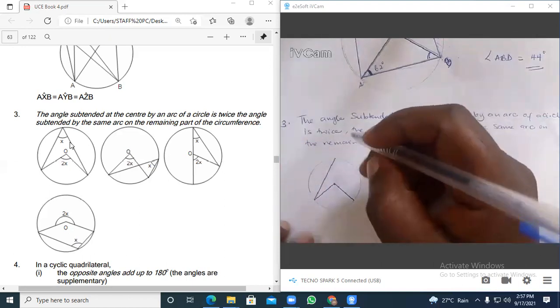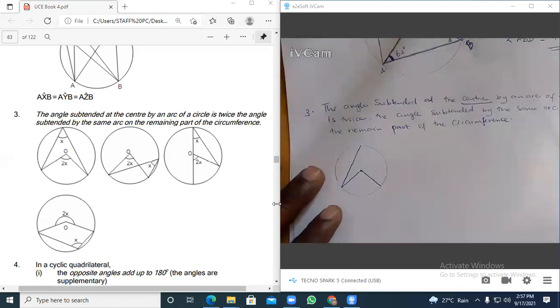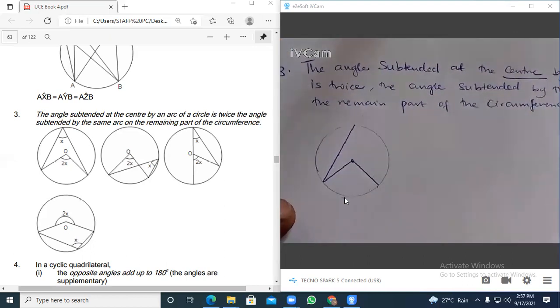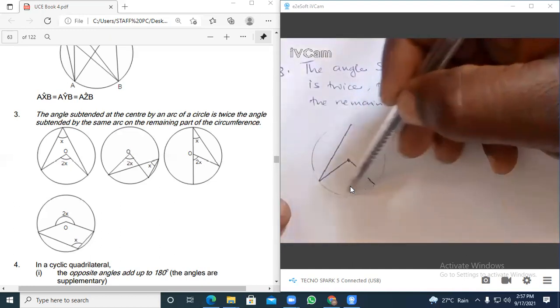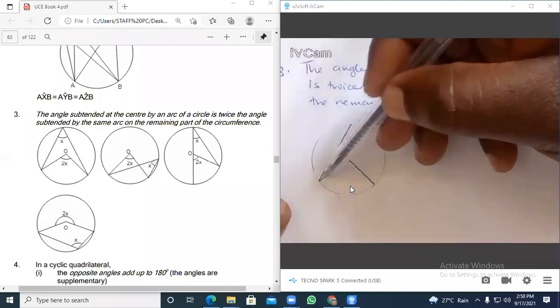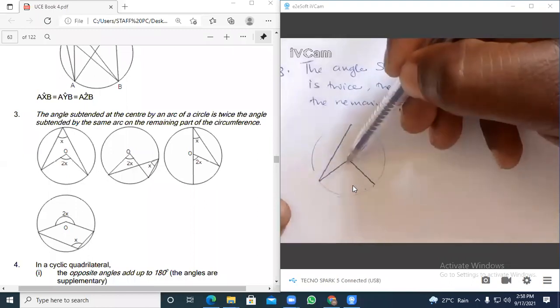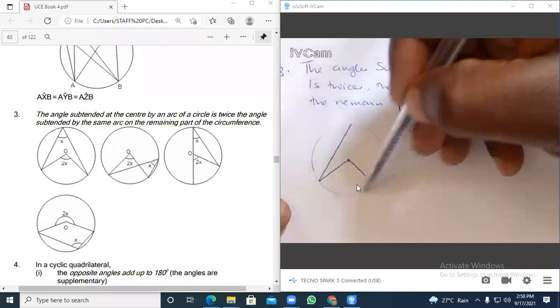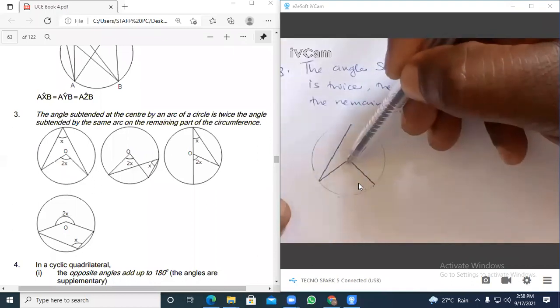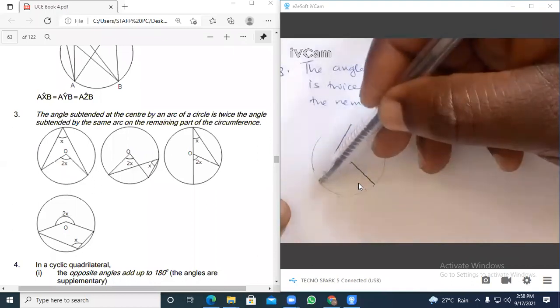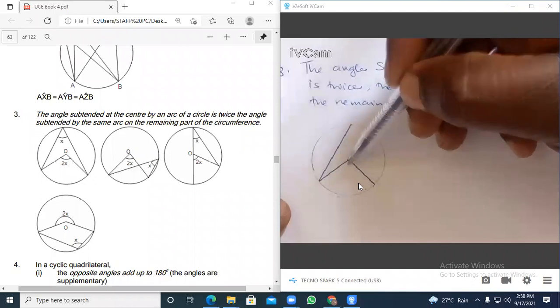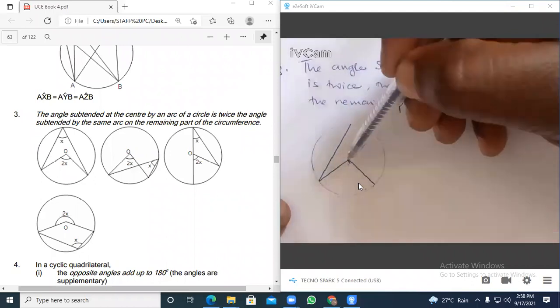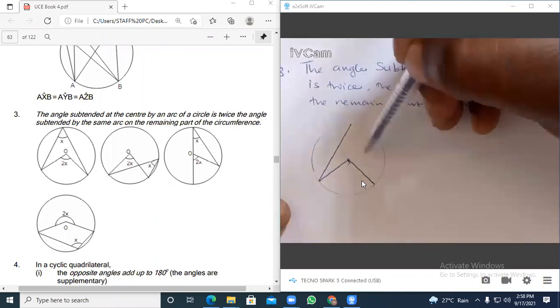Before I complete it, let me first zoom in there and show you exactly what I'm talking about. So you can see this arc here. The angle subtended at the center by this arc, this angle which is here, is two times the angle subtended by the same arc on the remaining part.